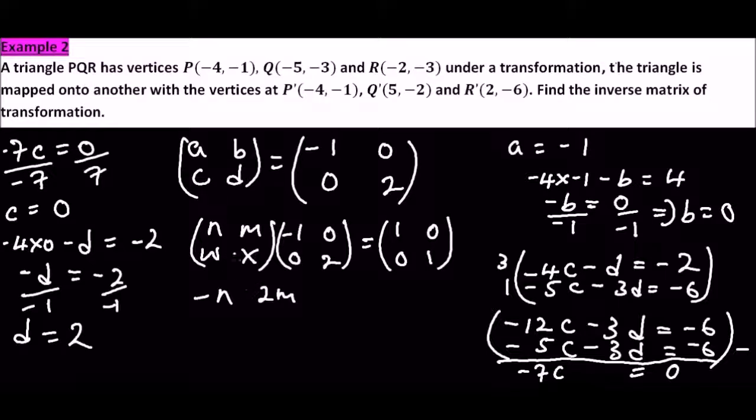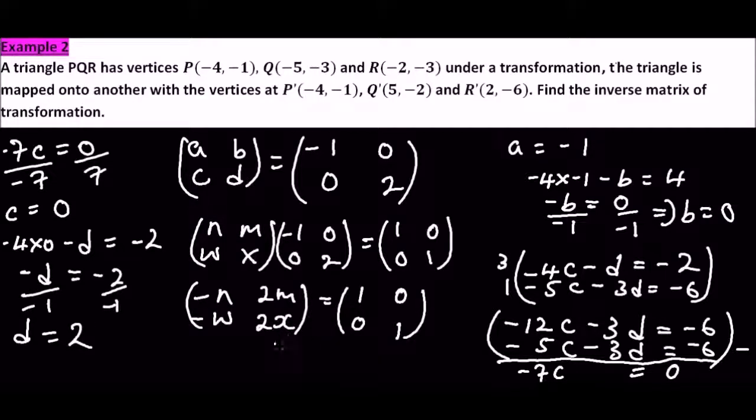X is 0, so there we end up with minus w. And here we have w times 0 is 0, x times 2, that will give us 2x. And close the bracket, it should give us 1, 0, 0, 1. So that is our identity matrix.